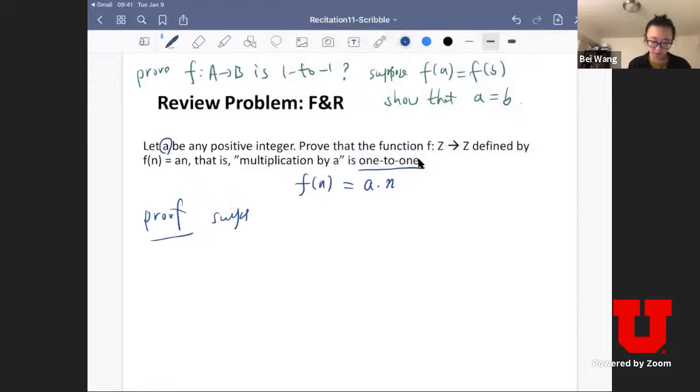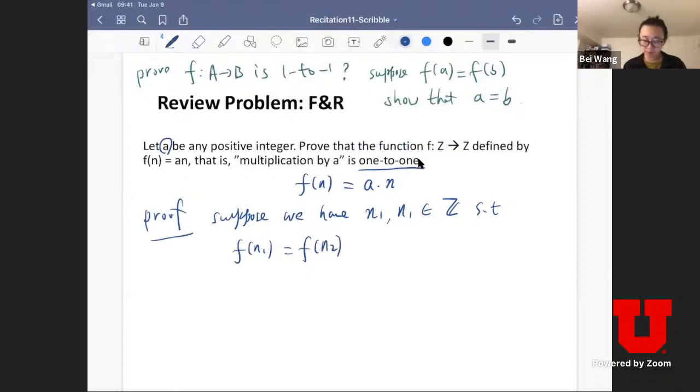Suppose we have two numbers in the domain such that f(n1) is equal to f(n2). Then we want to show n1 is equal to n2. If I can show n1 is equal to n2, we are done by the definition of a one-to-one function.